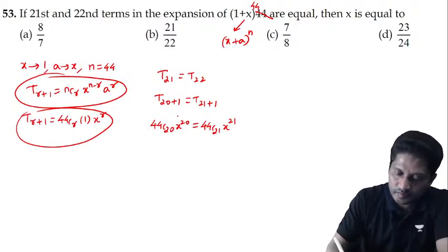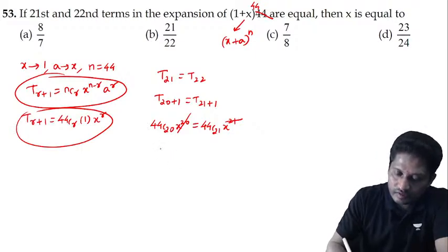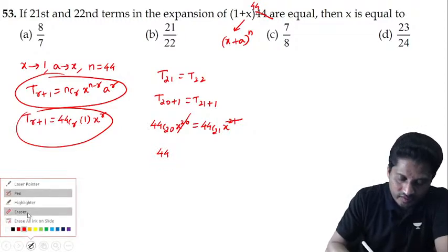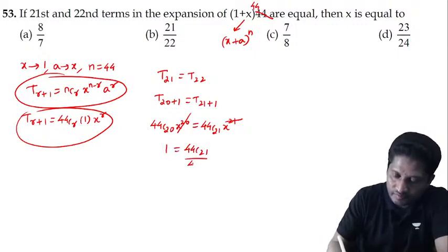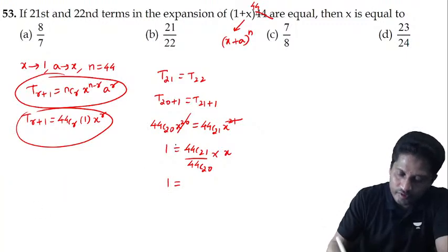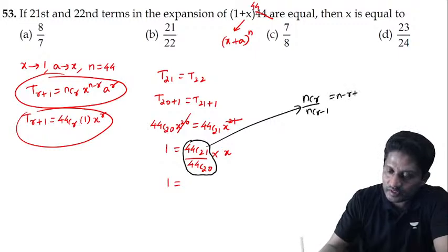Alright, now this x power 20 will cancel with x power 21, so x is left out. I can write 1 is equal to 44C21 divided by 44C20, into x. Here I am going to use this result: nCr by nC(r-1) is (n minus r plus 1) upon r.